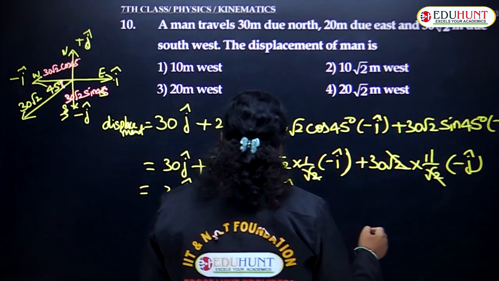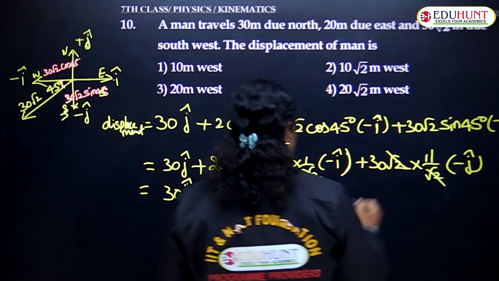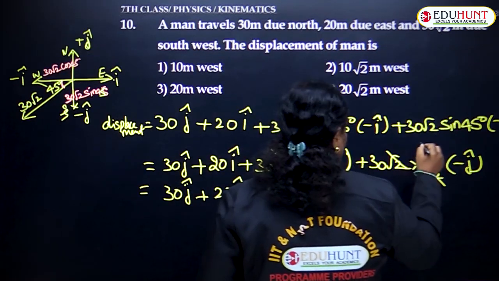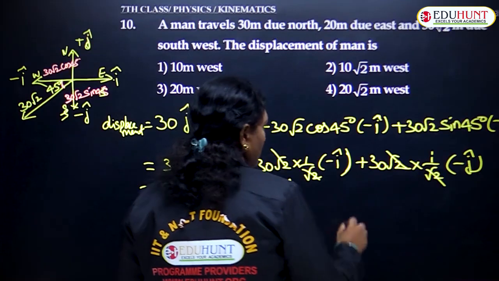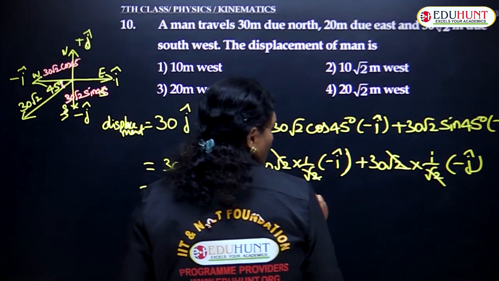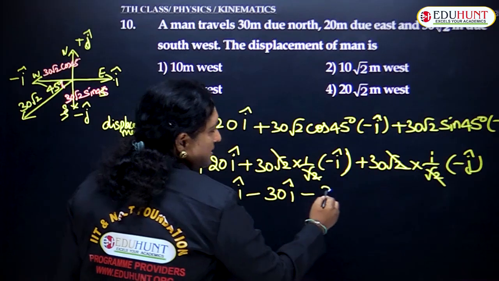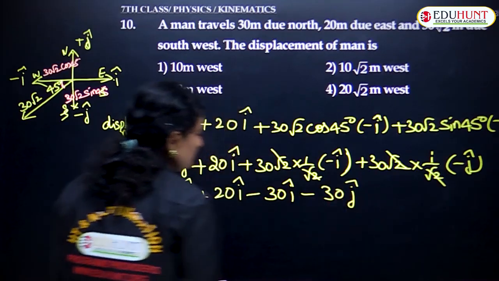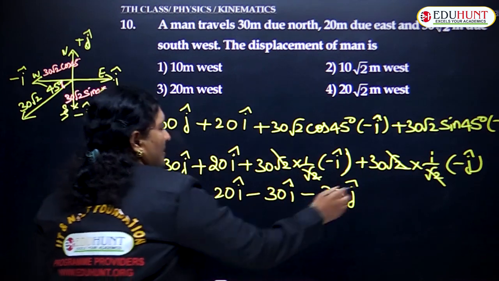Here also, this is minus, bring the minus forward, then 30 j cap. Now simplify: 30 j cap and minus 30 j cap get cancelled.